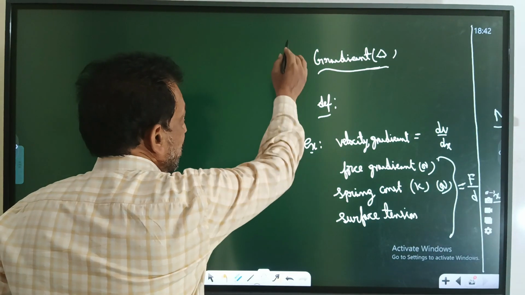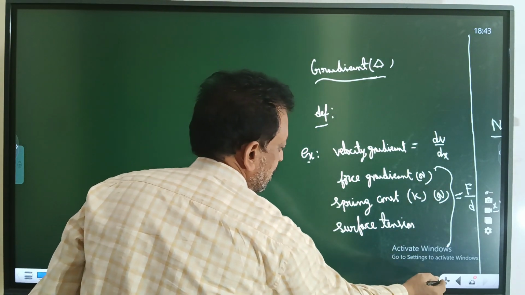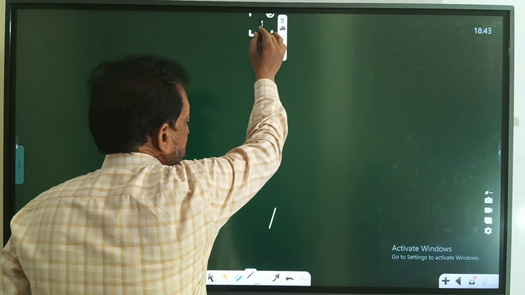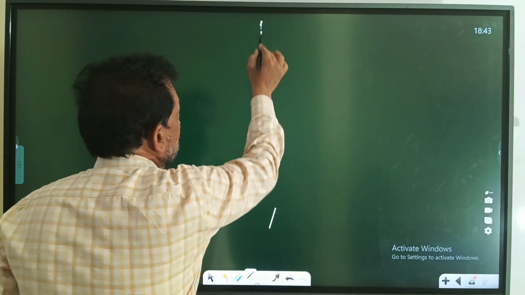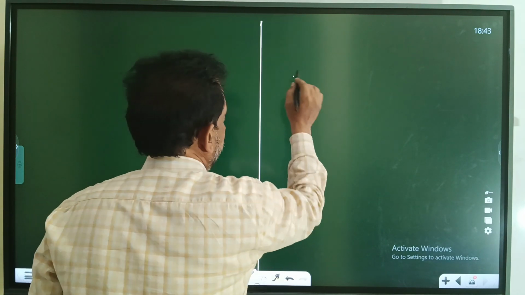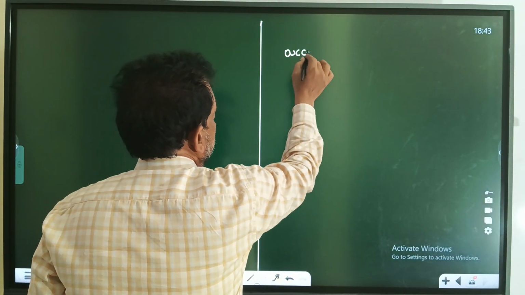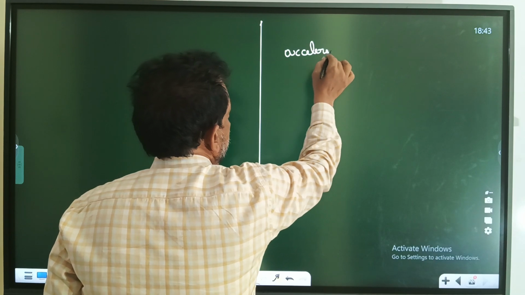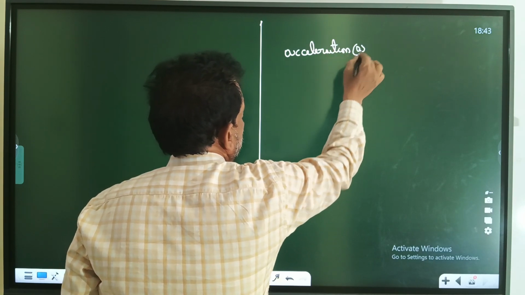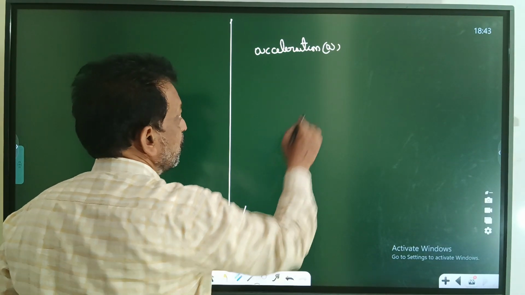Now you can write acceleration. Next, we go to the dimension formula of acceleration.